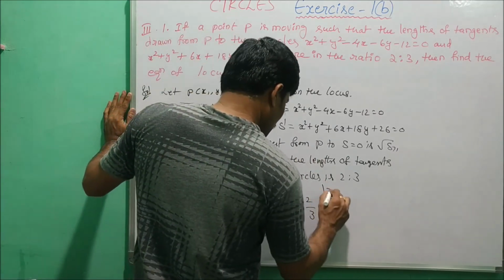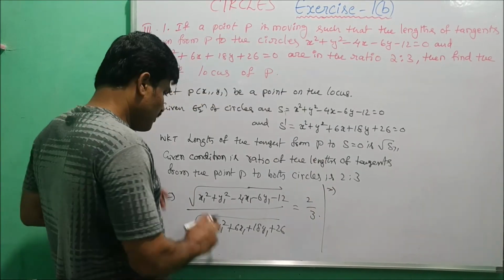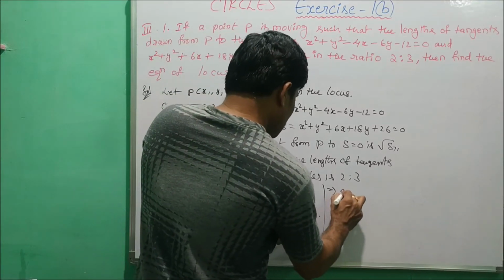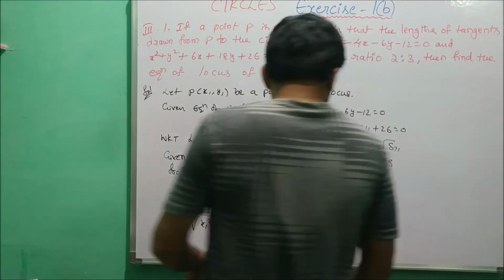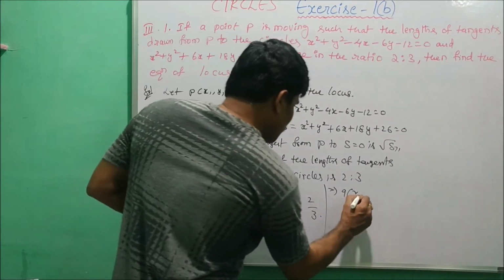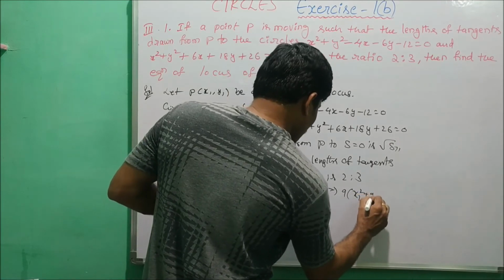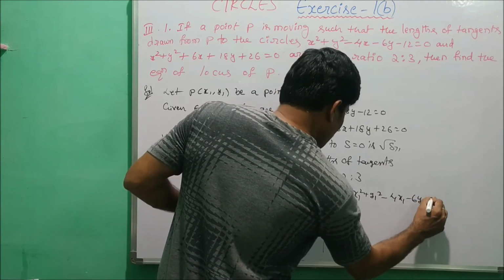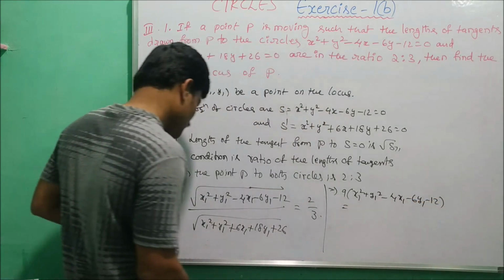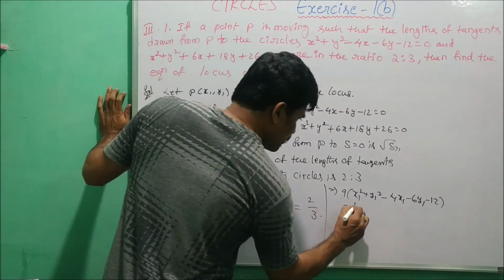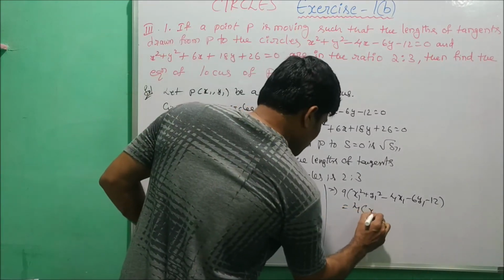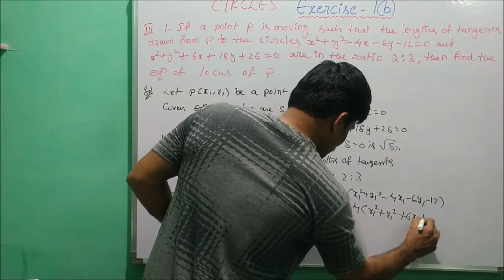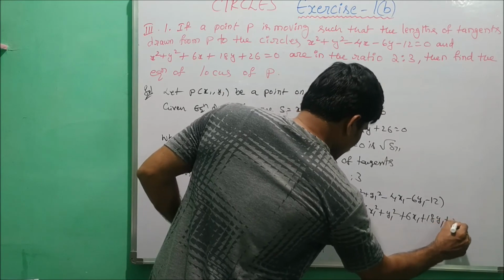Now squaring on both sides and taking cross multiplication, we write 9 into x1 square plus y1 square minus 4x1 minus 6y1 minus 12 equals, 2 square means 4 into x1 square plus y1 square plus 6x1 plus 18y1 plus 26.